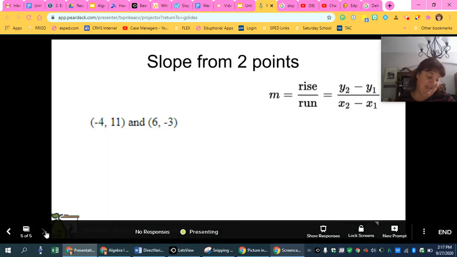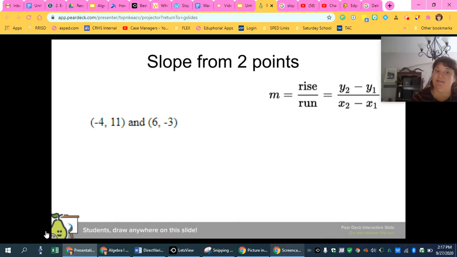Here we go. I have negative 4 and 11 and 6 and negative 3. What's that first thing you're going to do? I want you to give this a try. Okay. Now then I'm going to look for my change in Y over my change in X. What's my change in Y?